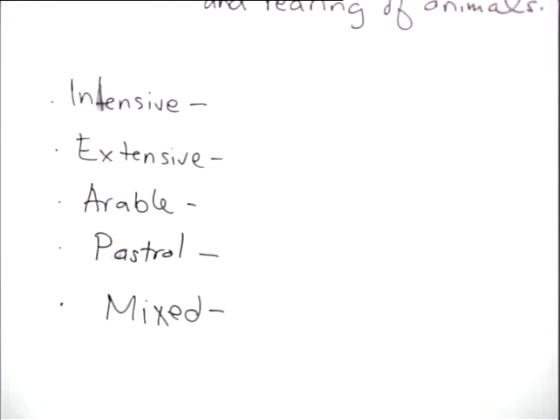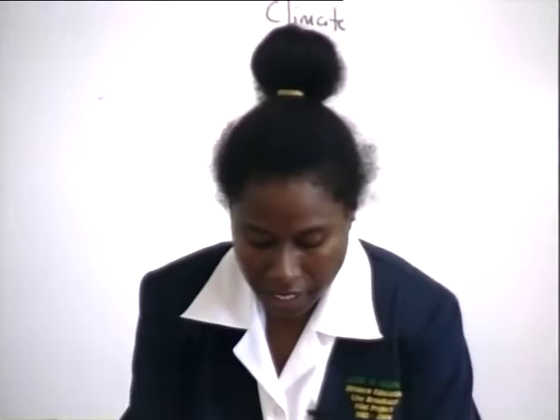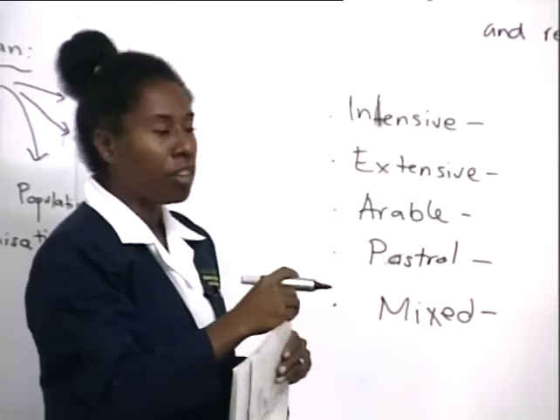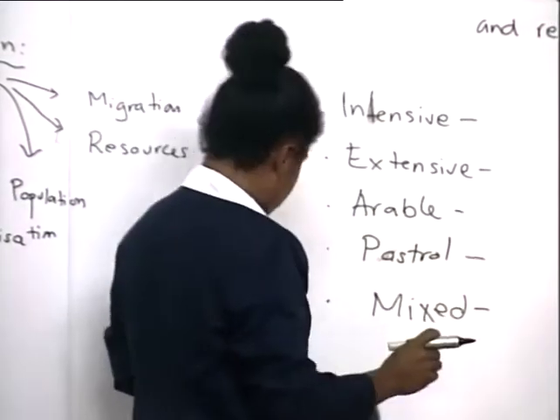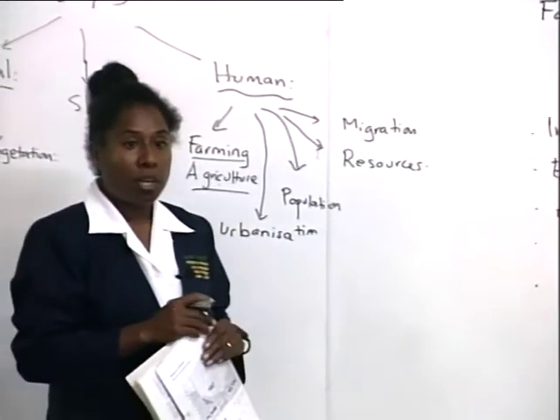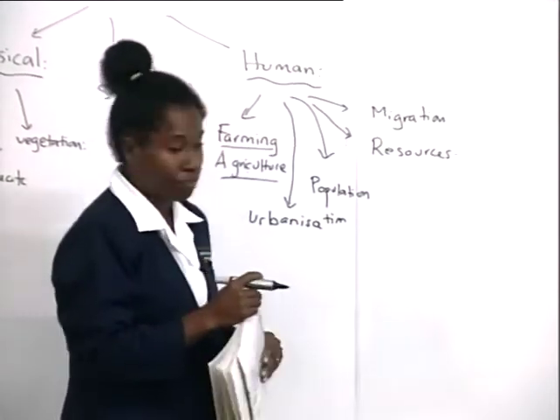Okay, we look at Indonesia, especially Java. Rice growing is intensive. So when we talk about intensive, what are we making reference to here? Dorothy, what do you think when we are talking about intensive farming?